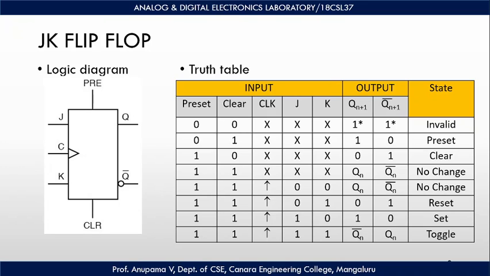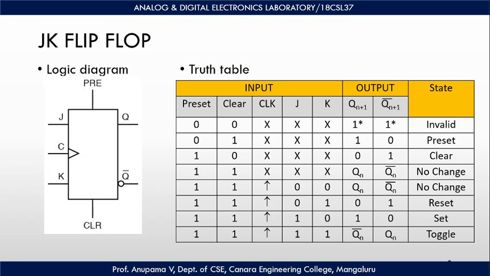Now let us see the truth table for JK flip-flop for the given logic diagram. So if preset and clear are set to 0, then irrespective of clock, J and K input, output states are invalid.